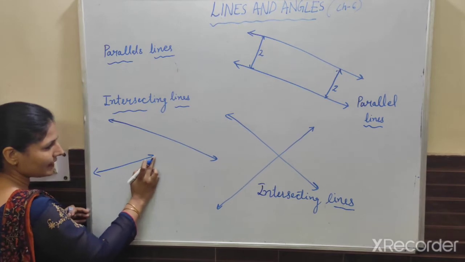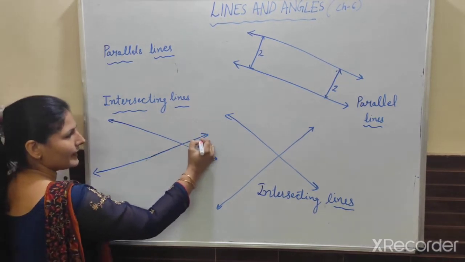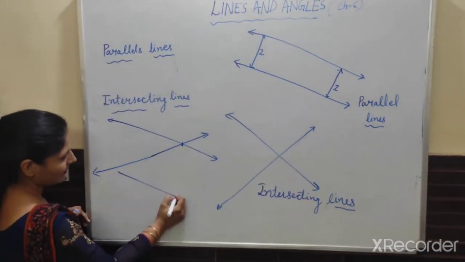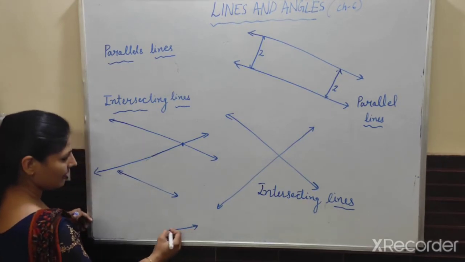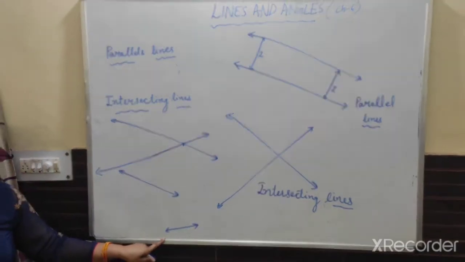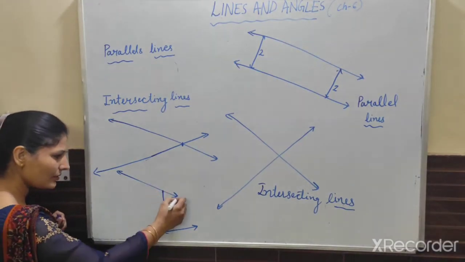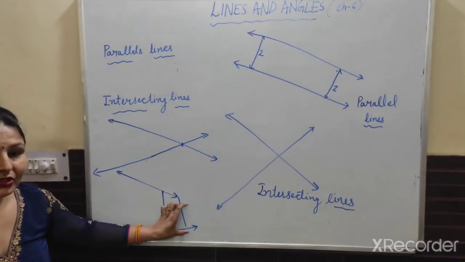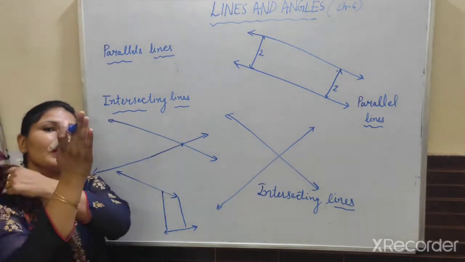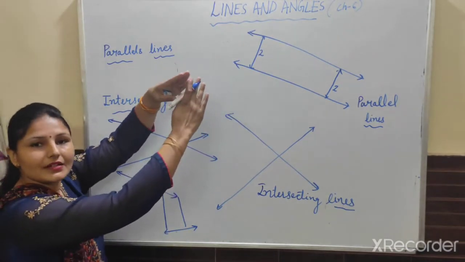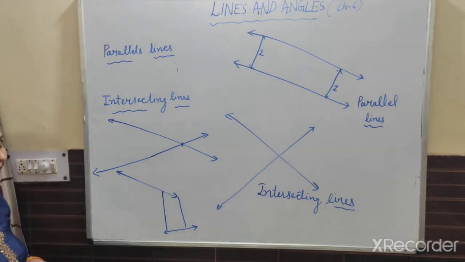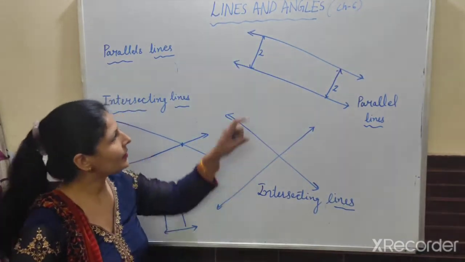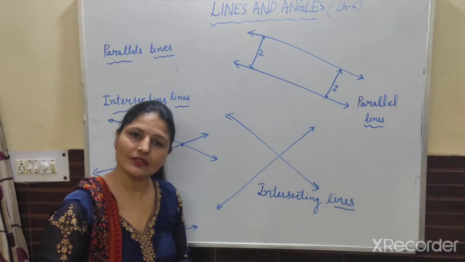When you extend this line, it will intersect here. So these are intersecting lines. Are they intersecting? Yes, because the difference between them is not constant. You can observe here, the difference is more here and is decreasing here. Where it is decreasing, it means the lines will intersect somewhere in the plane. So what will we call those lines? Intersecting lines. And parallel lines can never intersect, okay, because their difference will always remain constant.